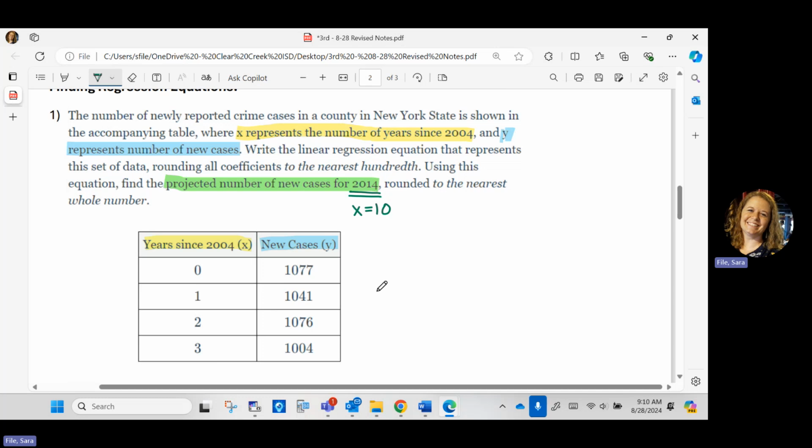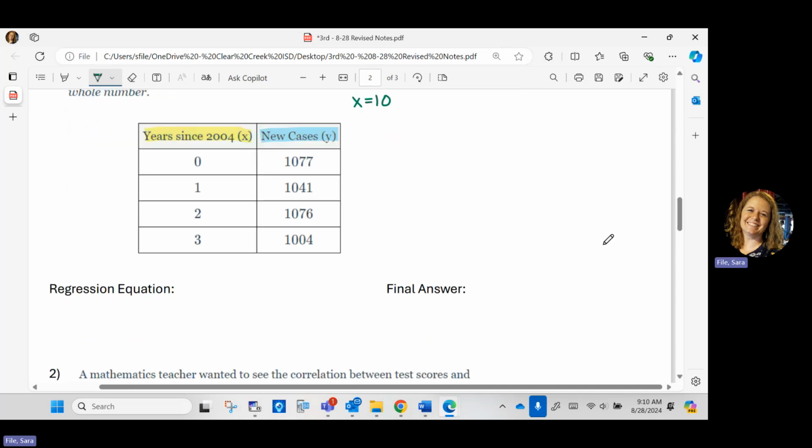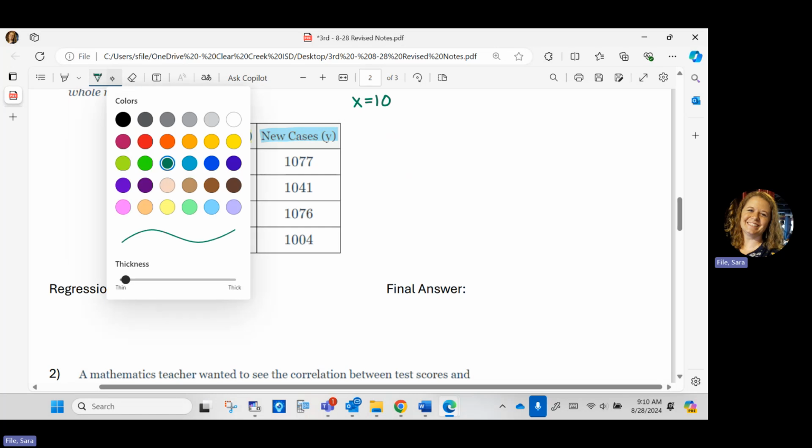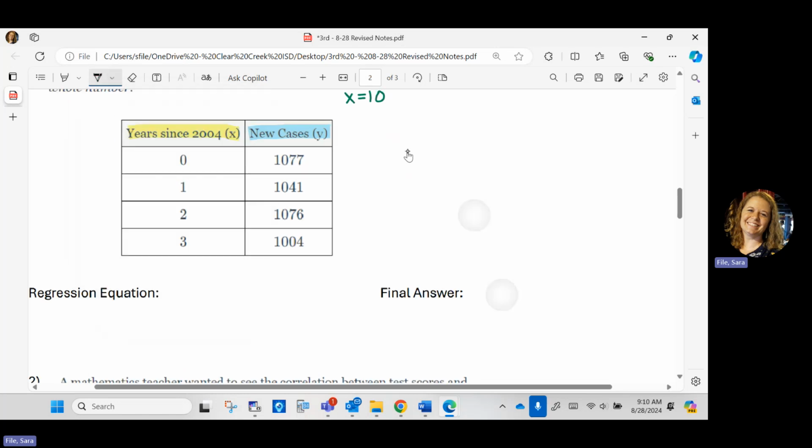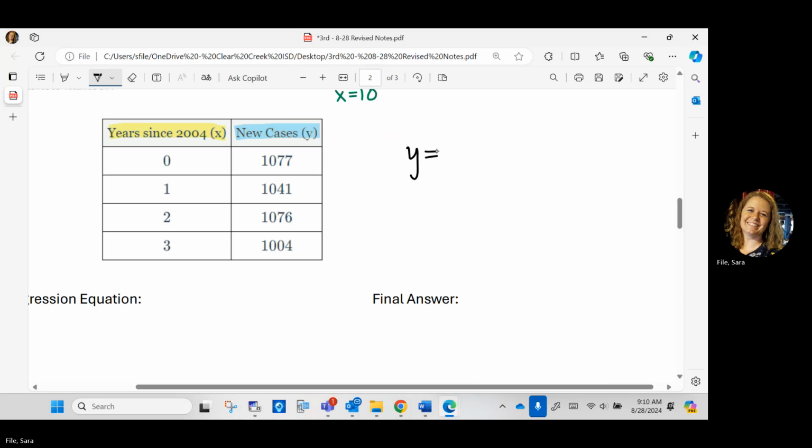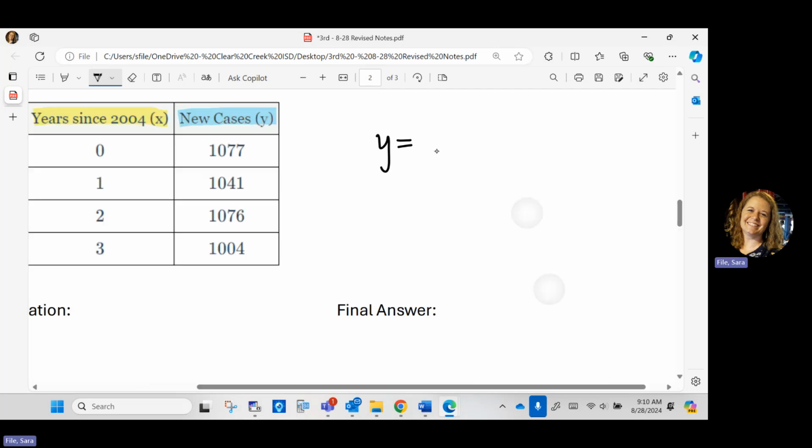Now, when we write a linear equation, what is the format that we're used to seeing? We've been using it when we were doing mx plus b. Very good. mx plus b is the form that we're going to write our linear regression equation in.